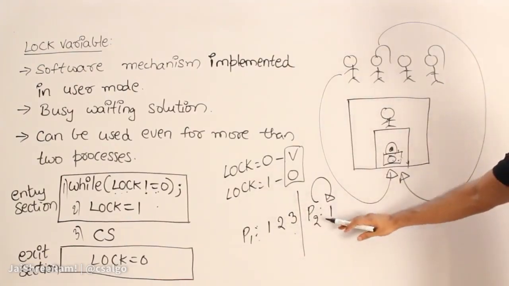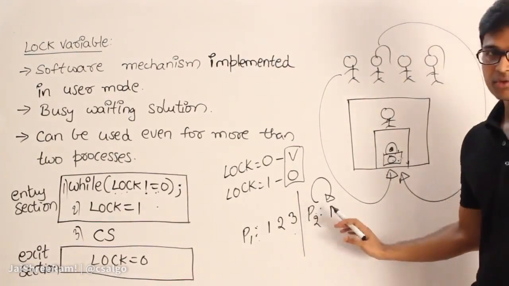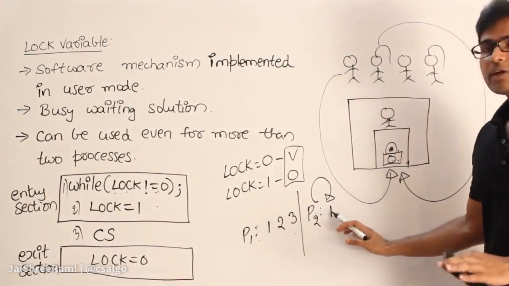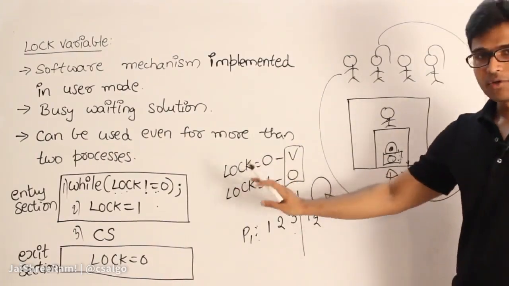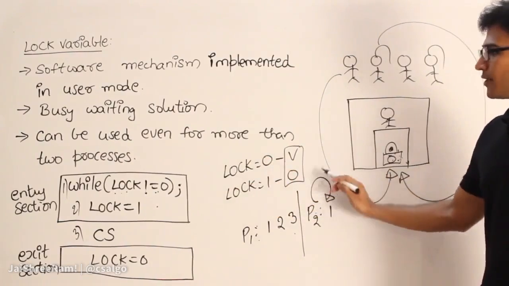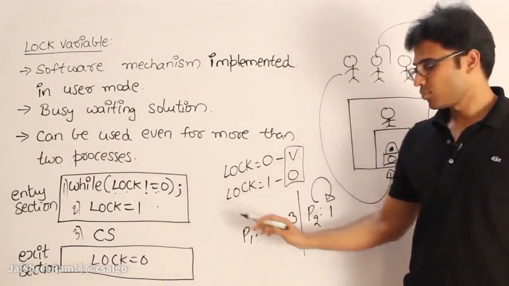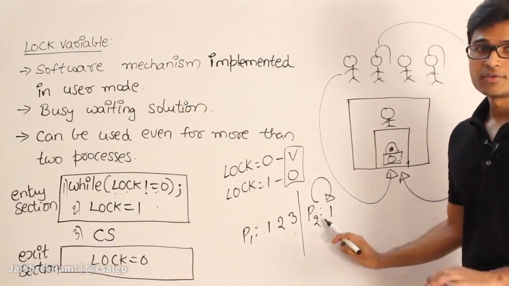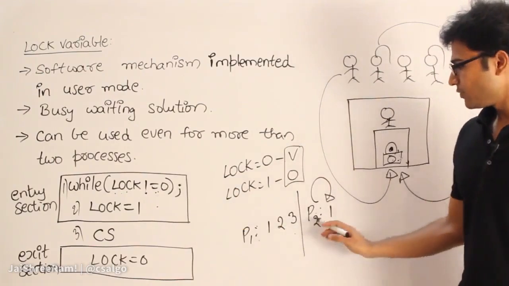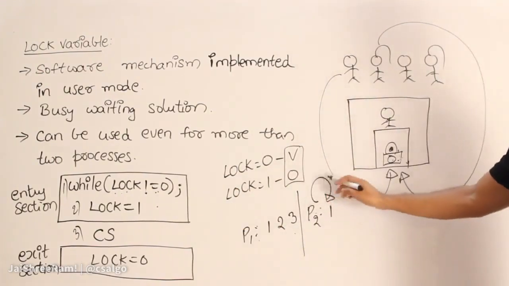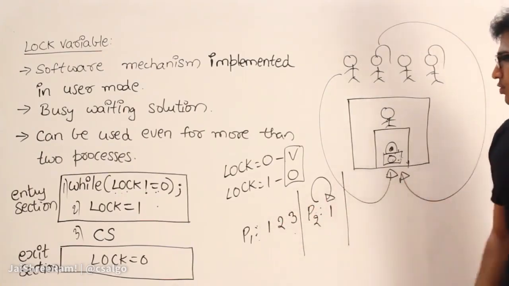Even though the CPU is trying to execute P2, it will not be able to do anything else, which means P2 is still at the CPU, but it is not doing anything, it is simply in this loop. So CPU is busy, process is doing something, but it is not doing anything, it is simply waiting, right? So it will keep on being in line number 1 until P1 comes out.